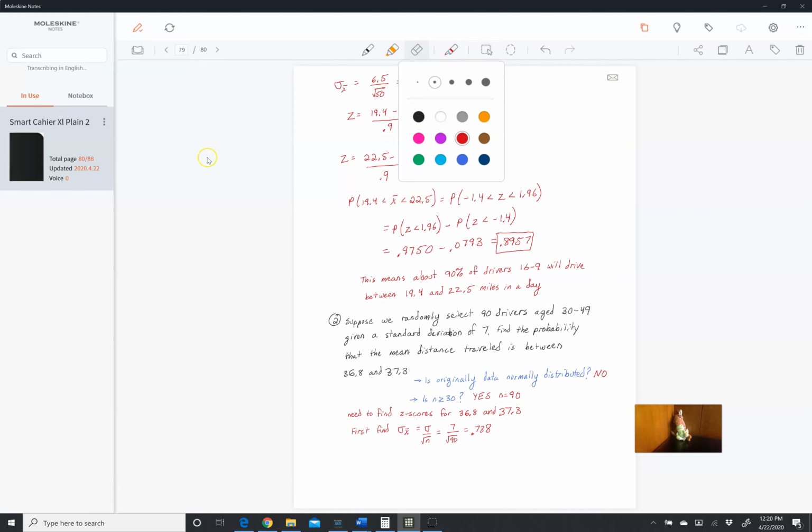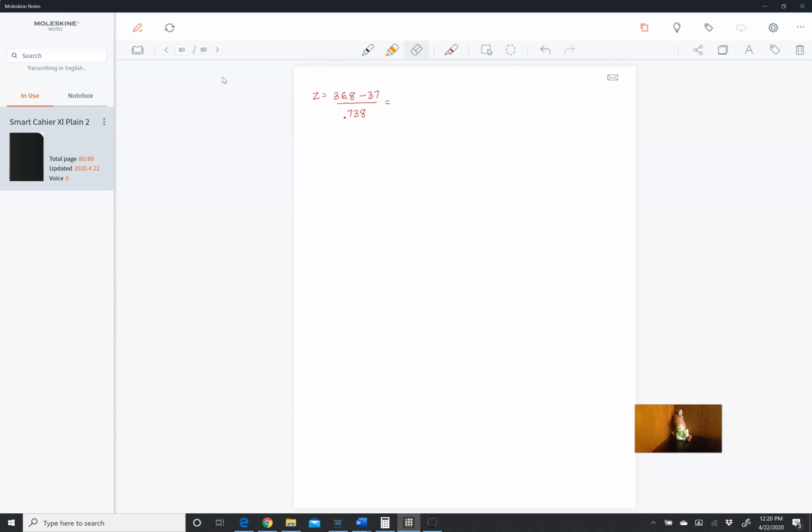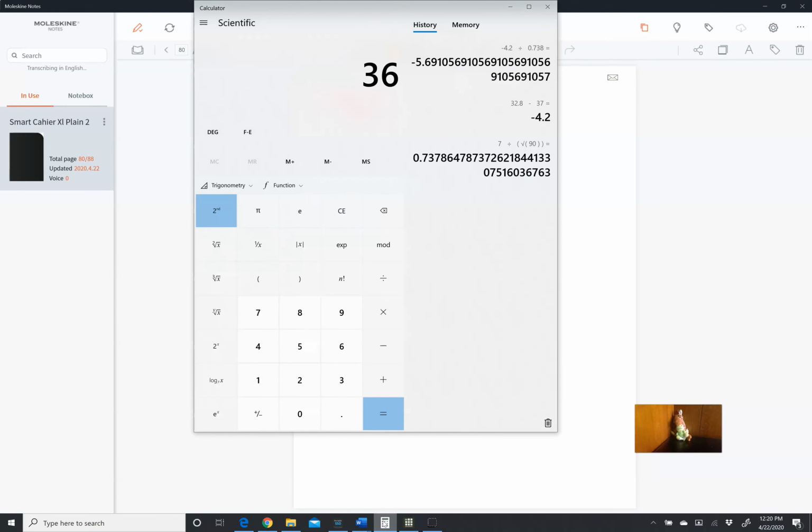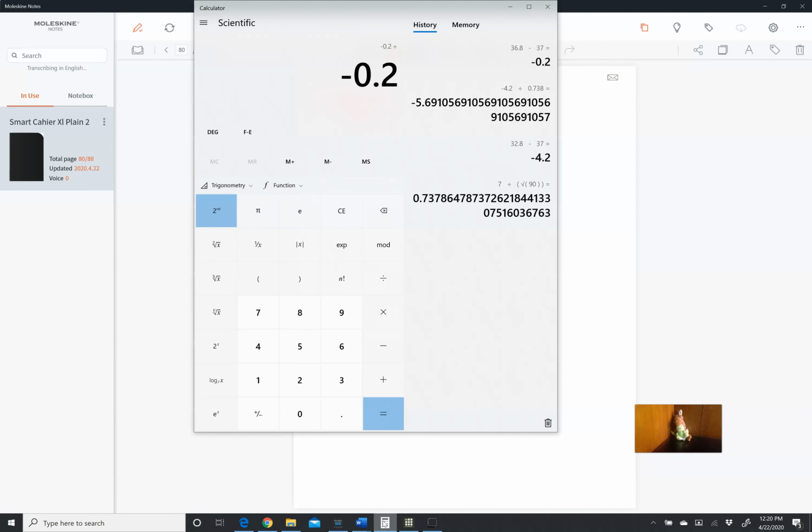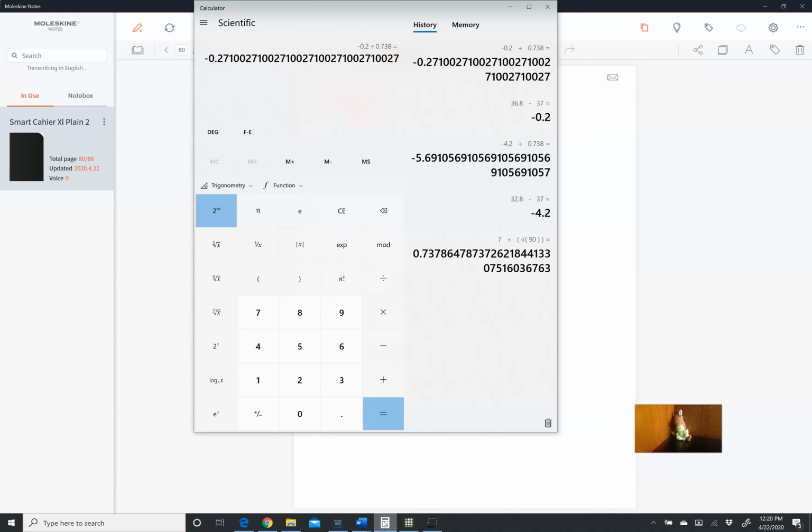So we're going to calculate the z-score for 36.8. And if we do 36.8 minus 37, that was the average that we're given, and we plug this in, 36.8 minus 37, we divide by 0.738, we get negative 0.27.